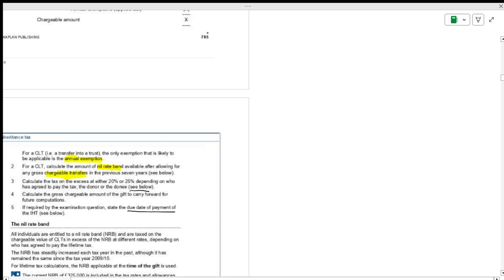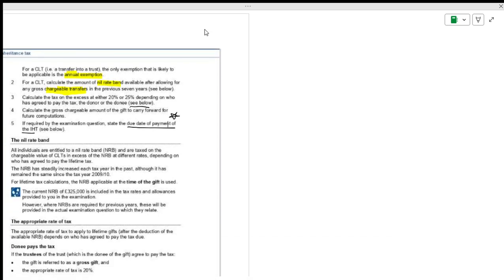Understand? This is very important for the exam, the due dates of IHT. Now, all individuals are entitled to an NRB, and the tax chargeable value of a CLT in excess of the NRB is taxed at different rates, depending on who is paying. That's very important: whether the donor is paying or the donee is paying.